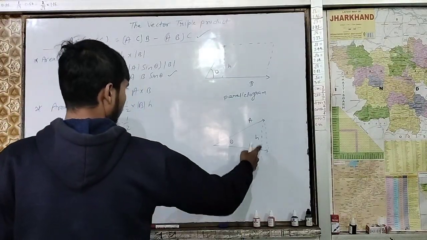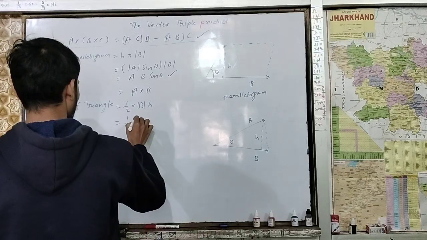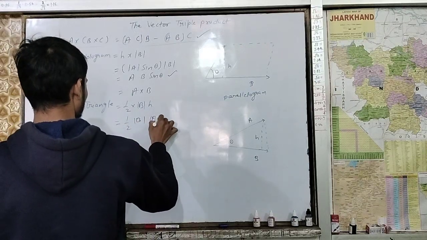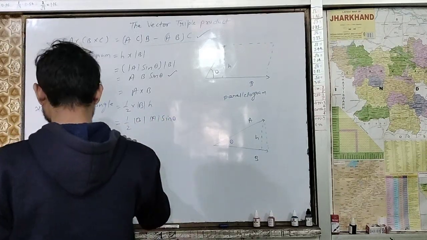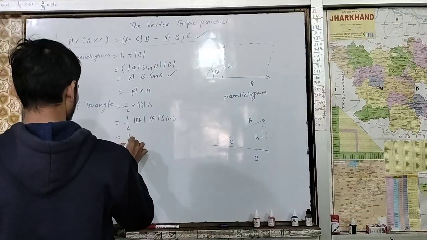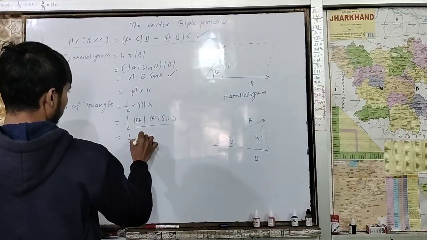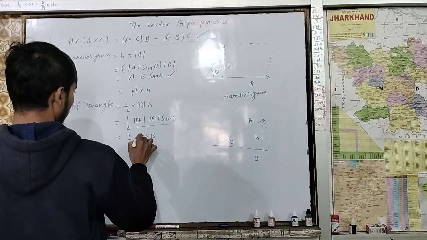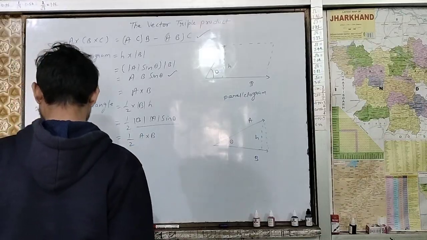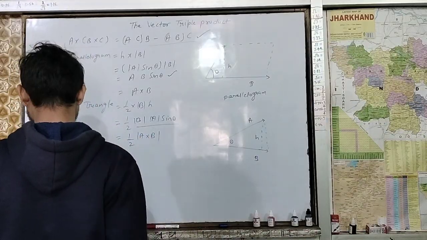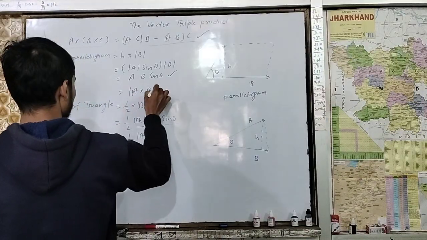So of course A sin theta, okay, B. So 1 by 2, this is calculated as mod of A cross B. Got it?